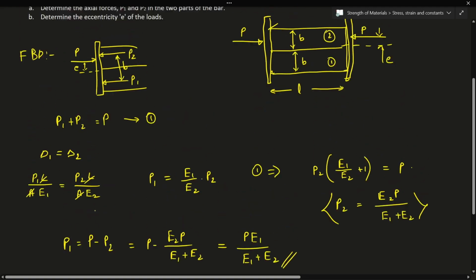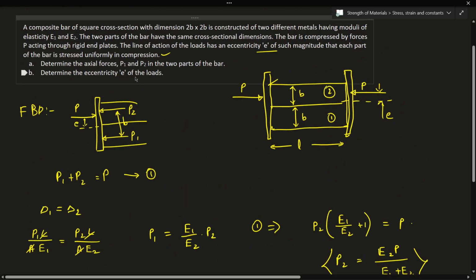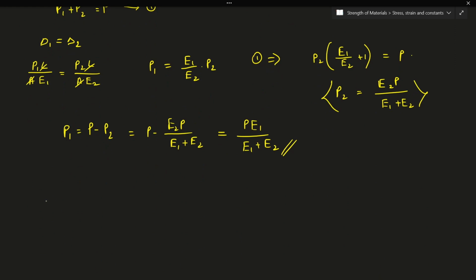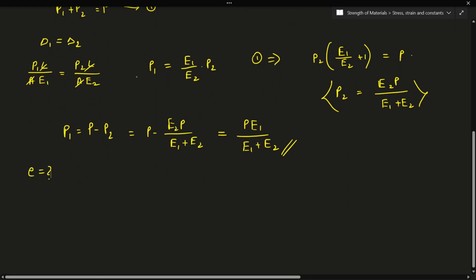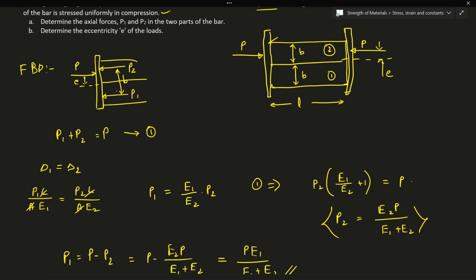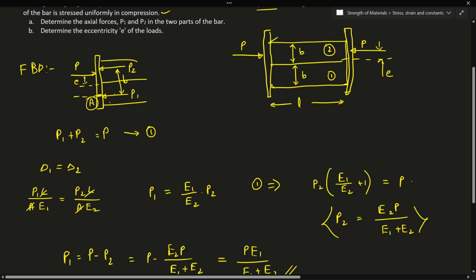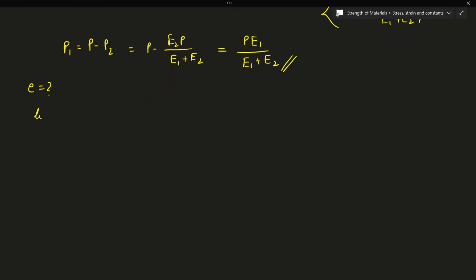Okay, so now the second part of the question is to determine the eccentricity E of the loads. So for E, what do we have to do? Fairly simple thing, we'll just take a moment about the line of action of P. On this particular point, let me call this A, I'll take the moment acting upon A. Upon taking moment on A, I'll have minus P into B by 2 plus E, right?